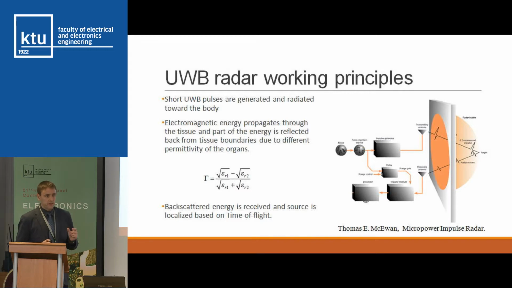So we can detect the area where the signal is coming from. And reflection from the object happens because of the electrical properties of the different tissues. So part of the signal will be reflected back at tissue layer boundaries.